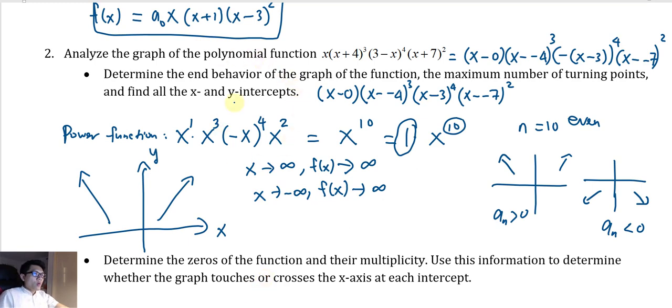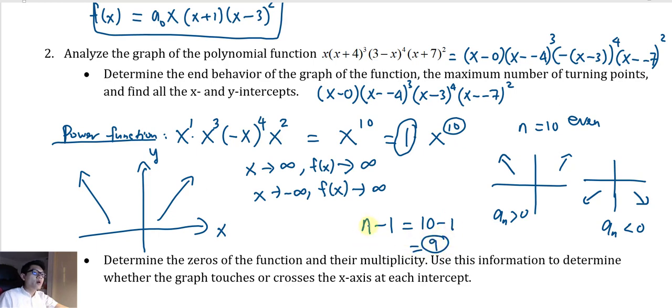Now, we don't know exactly where the function is increasing or decreasing, but there is a rule here. This function has the power function x to the 10th power. Therefore, the maximum number of turning points is n minus 1. This is the rule. So 10 subtract 1 is 9.